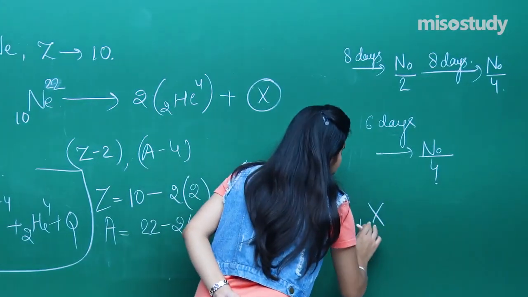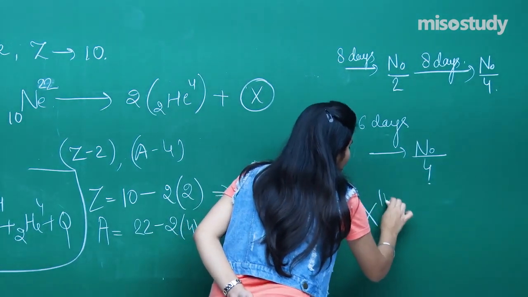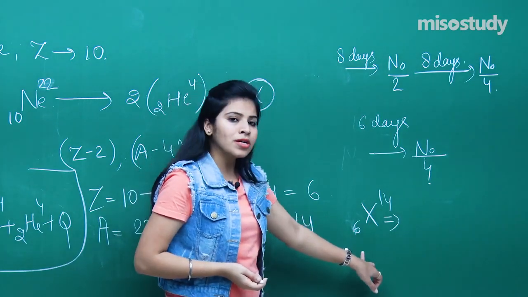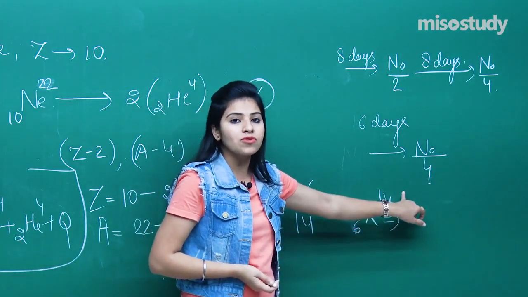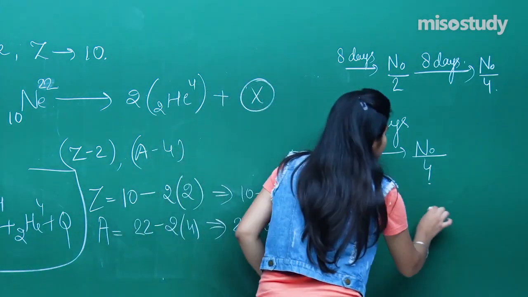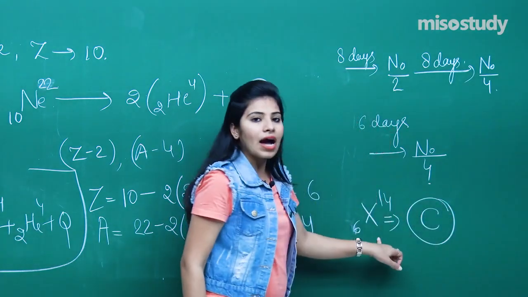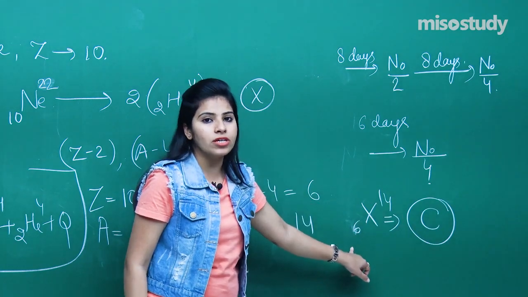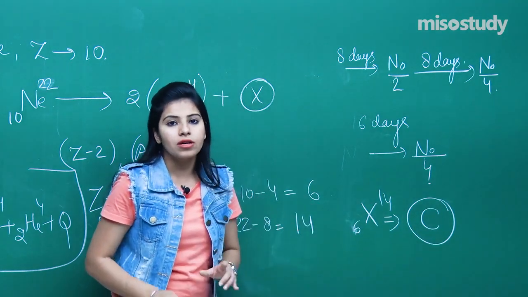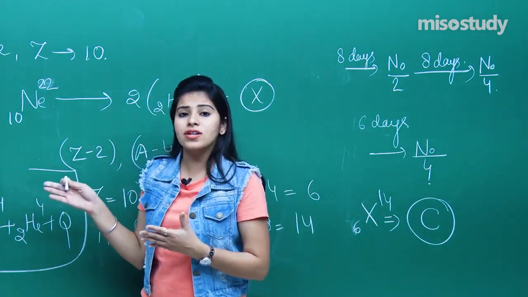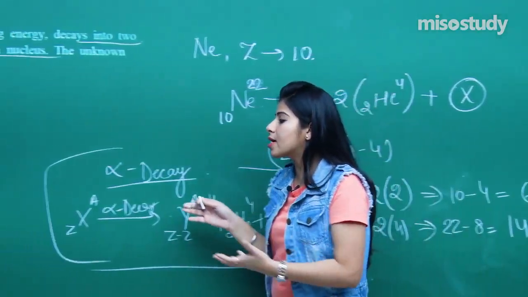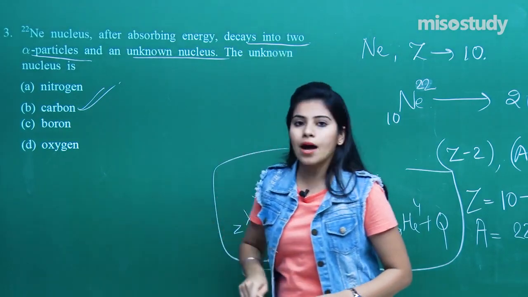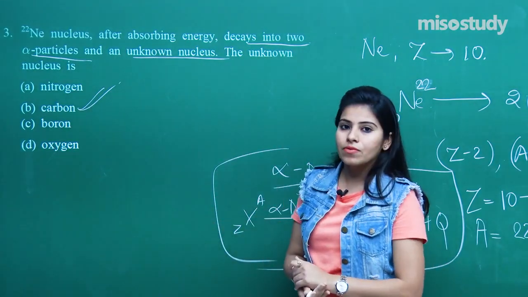Suppose this is X, this is the atomic number, this is the mass number. The atom with atomic number 6 and mass number 14 is carbon, an isotope of carbon, like 6C12 and 6C14. So we move to the question and see which option is correct. Yes, definitely it is option B, the carbon one, right?